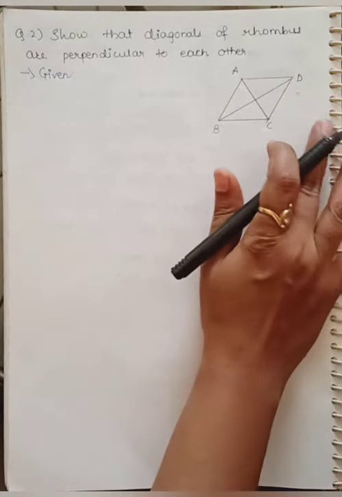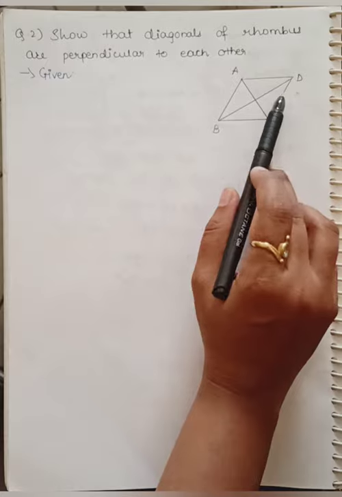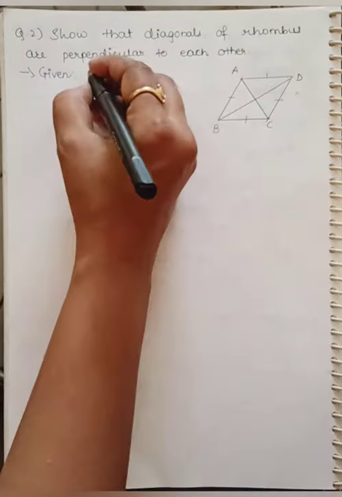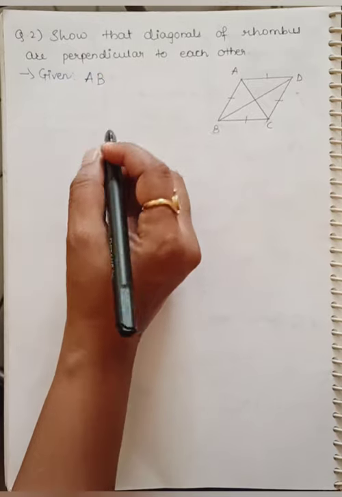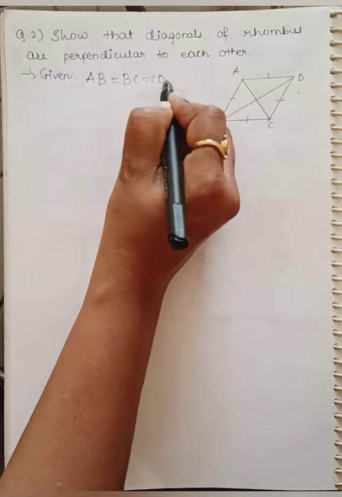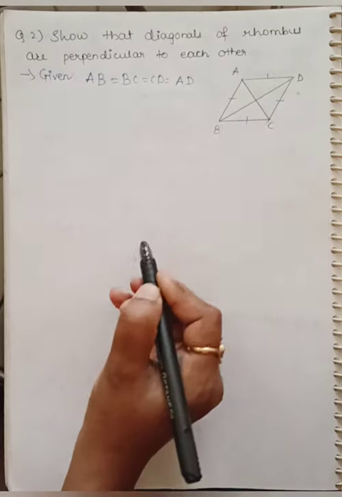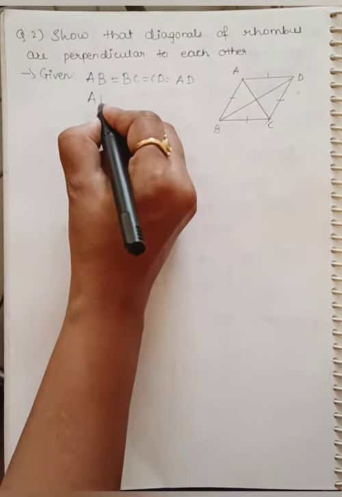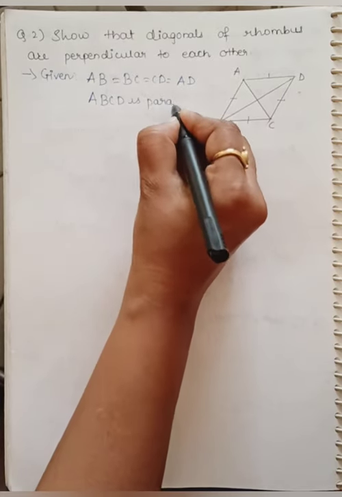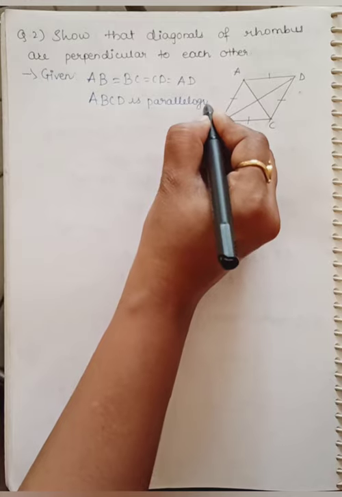So what is the definition of rhombus? A rhombus is a parallelogram in which all sides are equal. So these four sides are equal to one another. So I will write AB equal to BC equal to CD equal to AD. Yes, and since it is a parallelogram, so directly I will write ABCD is a parallelogram. What you have to prove?